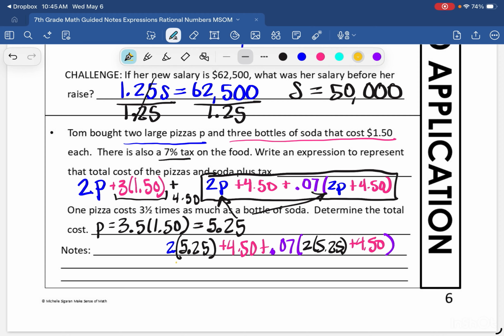Simplifying this, I get 10.50 plus 4.50 plus 0.07 times 10.50 plus 4.50. Simplifying all of that gives me $16.05.